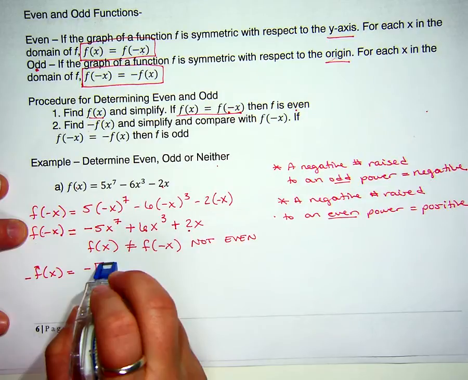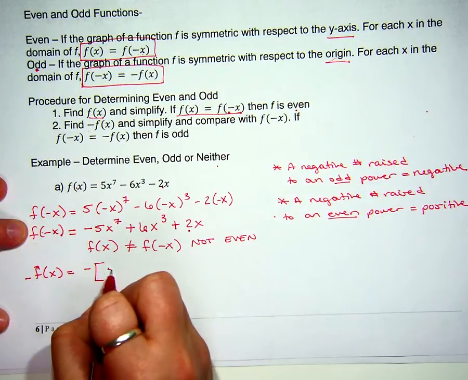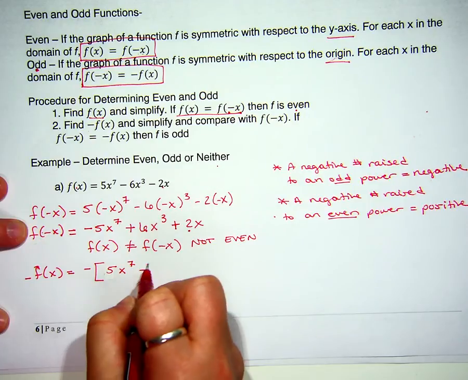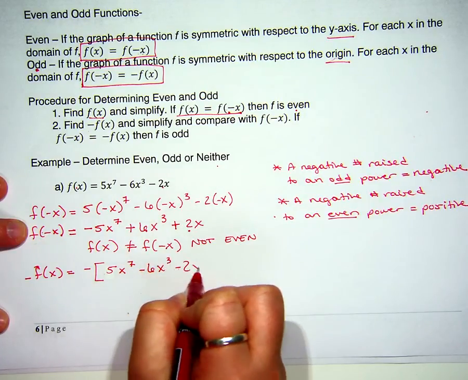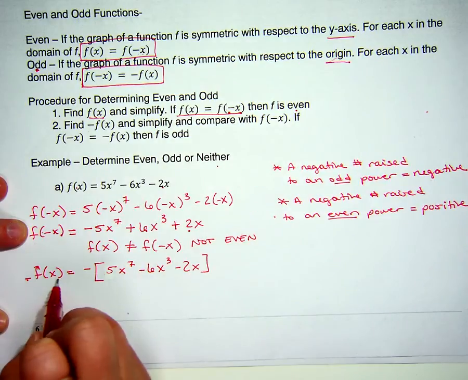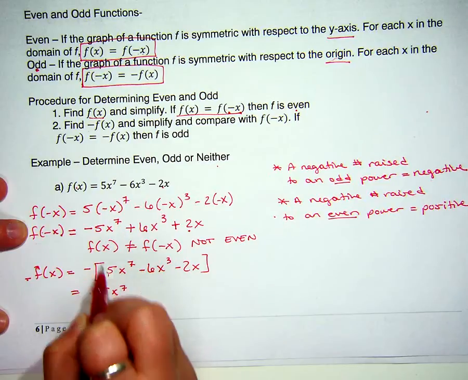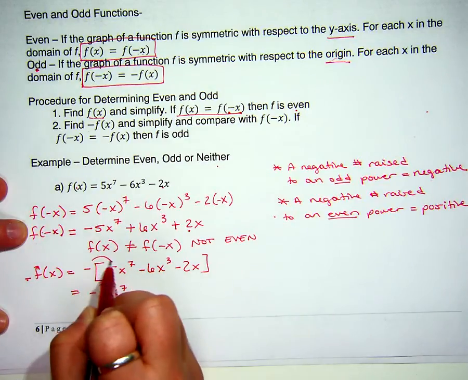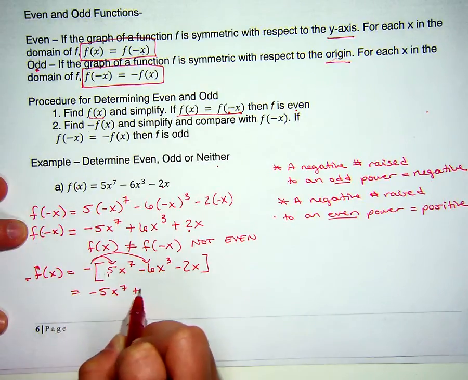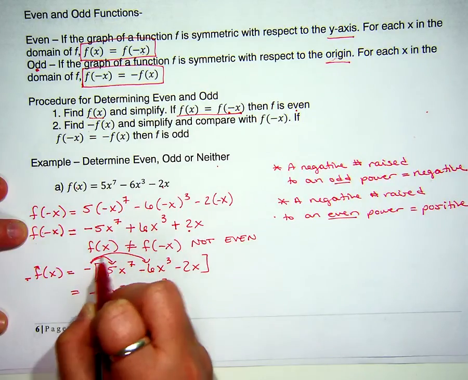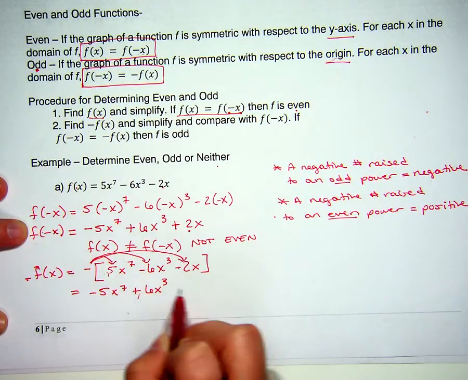Here we go. I want to negate my original f of x function, so I have 5x to the 7th minus 6x cubed minus 2x. I want to negate everything in there, right? Negative f of x. So negate each object. That's a negative 5x to the 7th. Negative, negative, that makes positive. Negative, negative, that makes positive.